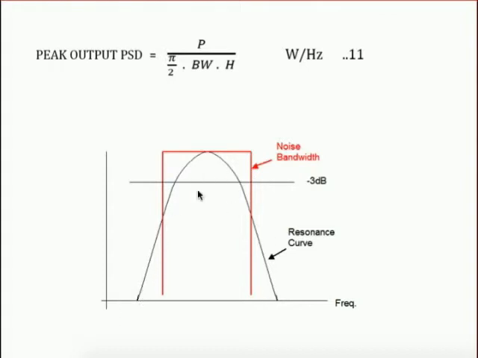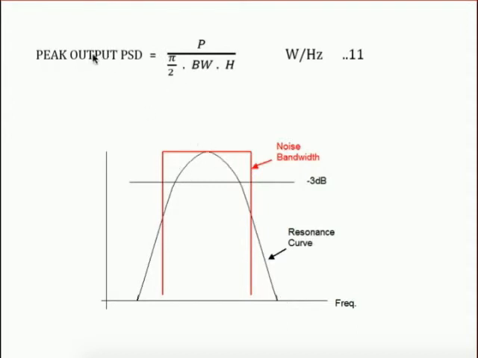This is the response of the resonator, which has been narrowed by feedback, and this square thing here is the noise bandwidth, the square noise bandwidth, which is equivalent to the bandwidth of the actual system, an equivalent square bandwidth.